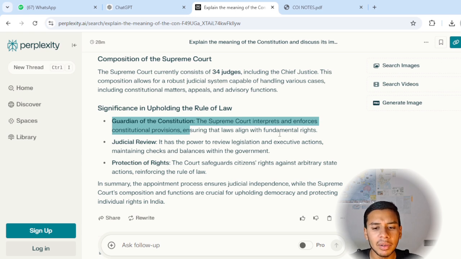The Supreme Court interprets and enforces the constitutional provisions, ensuring alignment with the fundamental rights. So even any judge who is appointed by the President of India to the Supreme Court needs to follow the fundamental duties.